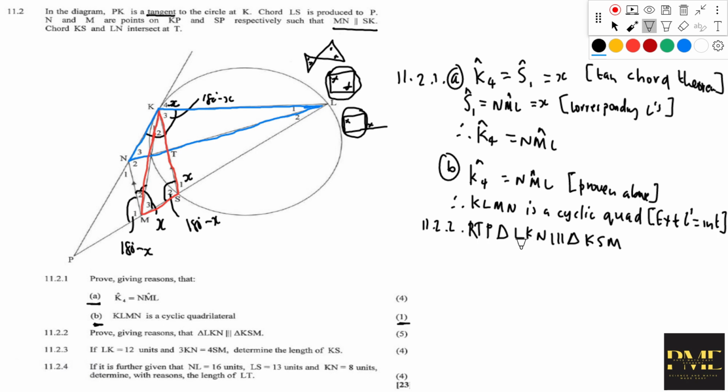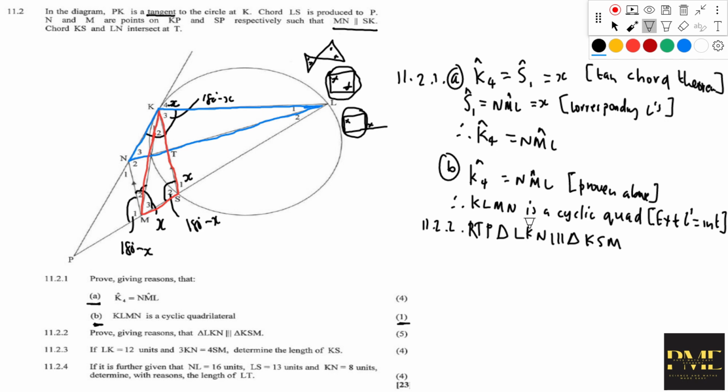So ake ngisho ke lento guys because ibalekile kakhulu. Okay, uma bethi prove ukuthi triangle LKN is similar to triangle KSM, lento isho ukuthini na? Isho ukuthi kule triangle LKN basiprovela ukuthi angle L uyalingana no angle K on the other triangle.